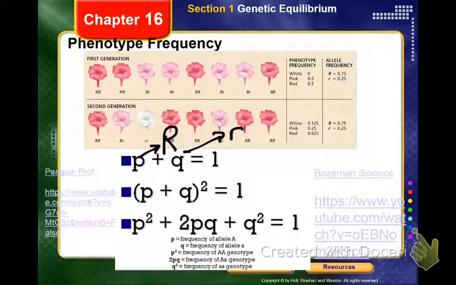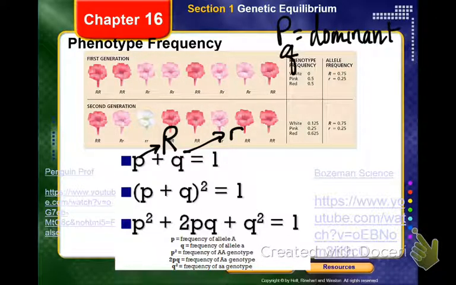So whatever letters you use, whenever it talks about the recessive allele, they're talking about Q. So P is the dominant, and Q is the recessive. Do you have that in your notes?